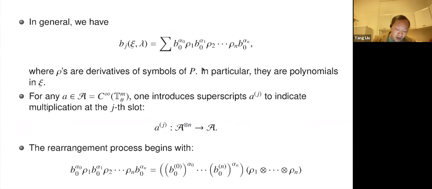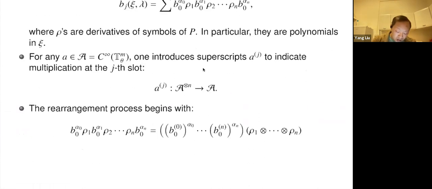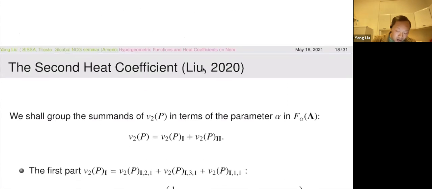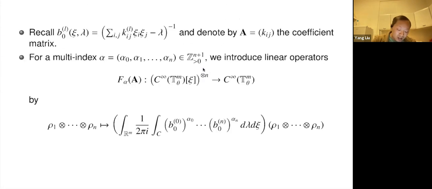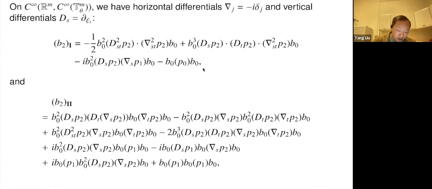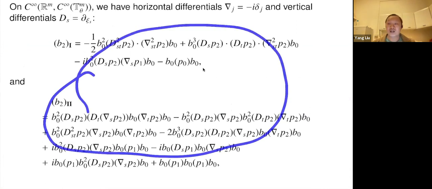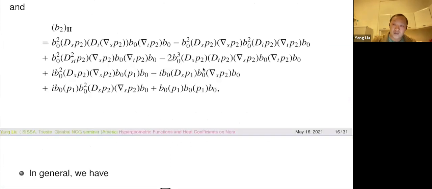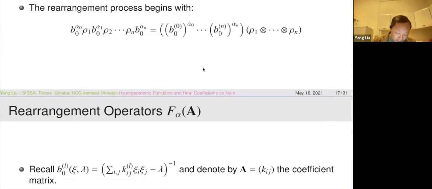Through this algorithm, basically, we can apply this sort of rearrangement operator f alpha onto all these terms, a bunch of lengthy terms here. So then we get a general formula of the second heat coefficient.